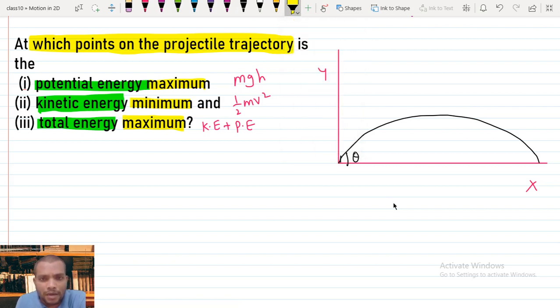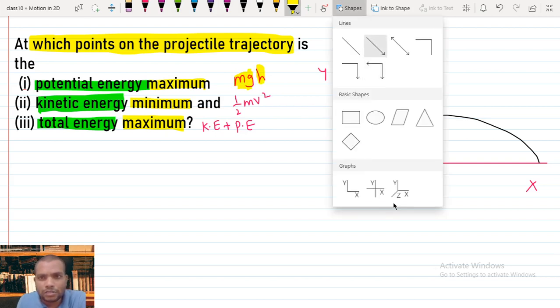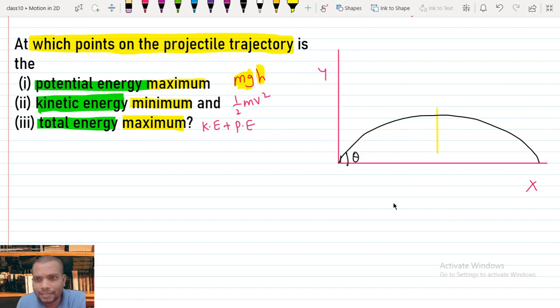In this formula, the mass of the object and acceleration due to gravity are constant, so the variable term is h in mgh. We know the location of the maximum height, suppose this is h max. At maximum height the potential energy is maximum.